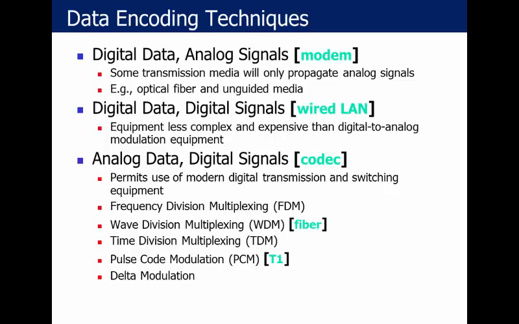Data encoding techniques can be categorized in this way. We have digital data, analog data, digital signals, and analog signals, right? Actually, two types of data and two types of signals. If we mix them completely, then 2 by 2 is four possible cases. But in this slide, we do not talk about analog data over analog signals.